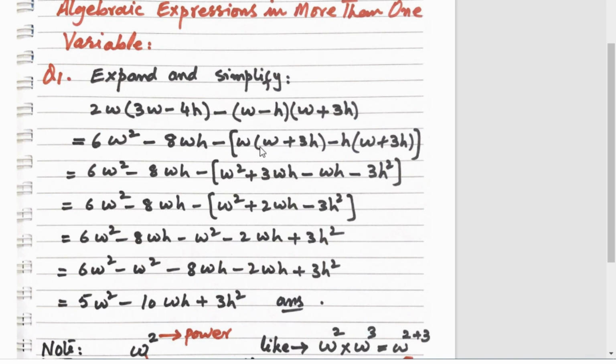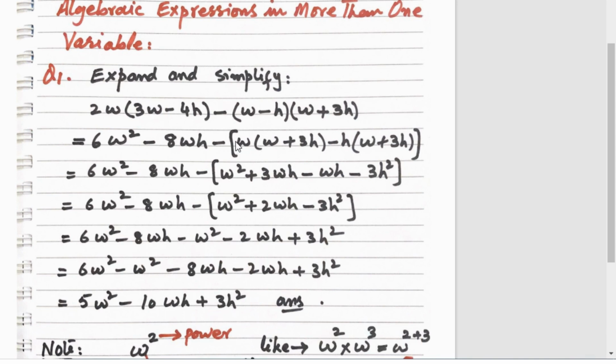because this w and this 3h have a plus sign. So plus into plus. When I put my arrow on the bracket and say into, it means this is a sign of multiplication. The plus sign over here, which is not written with w, is understood: w has a plus sign. This is the starting term inside the brackets.